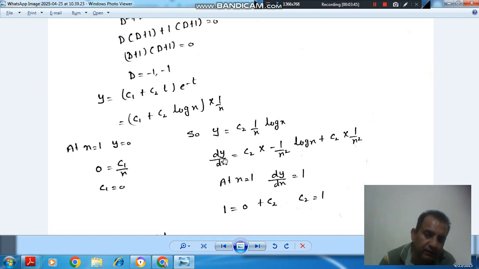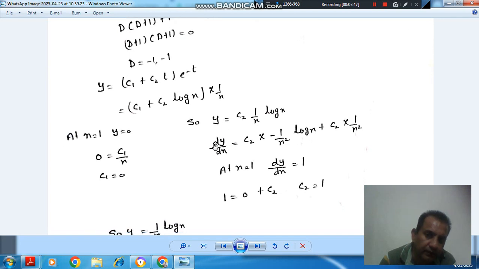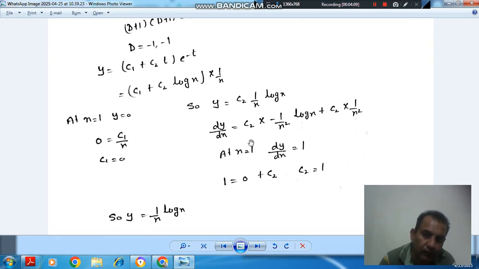Now if we differentiate it, we use the product rule. So c2 keeping the same, if we keep this log x and differentiate 1 by x, it will be minus 1 by x squared. Now if we keep this 1 by x as it is, log x differentiated will be 1 by x, so it will be 1 by x squared.